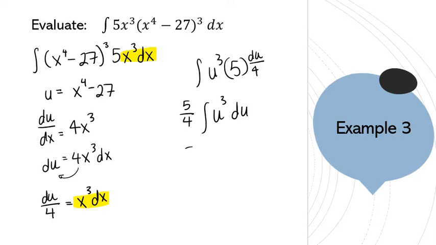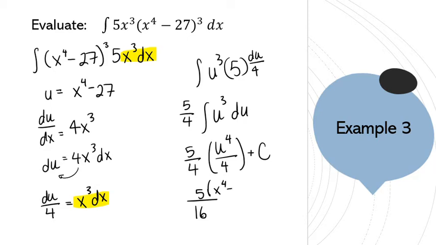So we're going to have 5 over 4 multiplied by u to the 4 over 4 plus c, which means we'll have 5 over 16, and then let's change it right now onto x to the power of 4 minus 27, also to the power of 4. Oop, that's very terribly written, but you know what I mean.